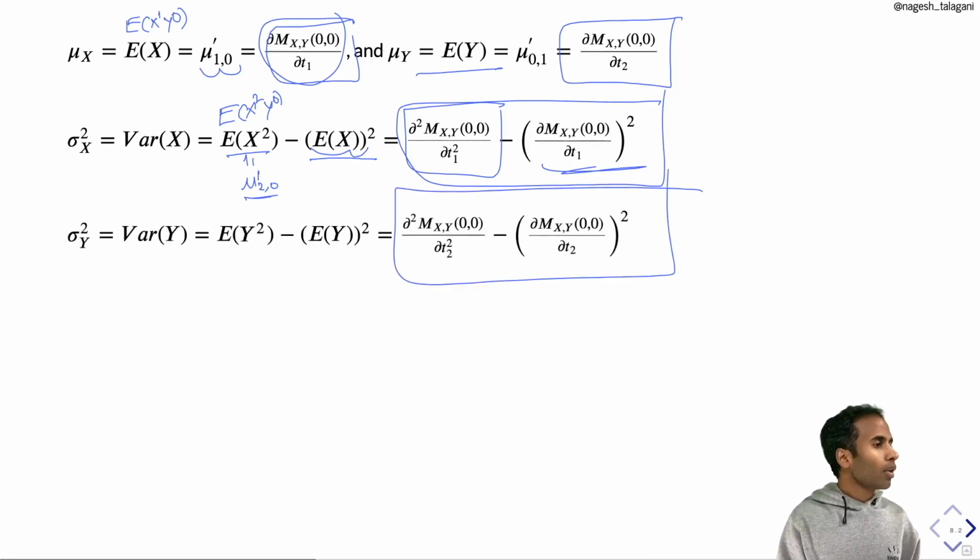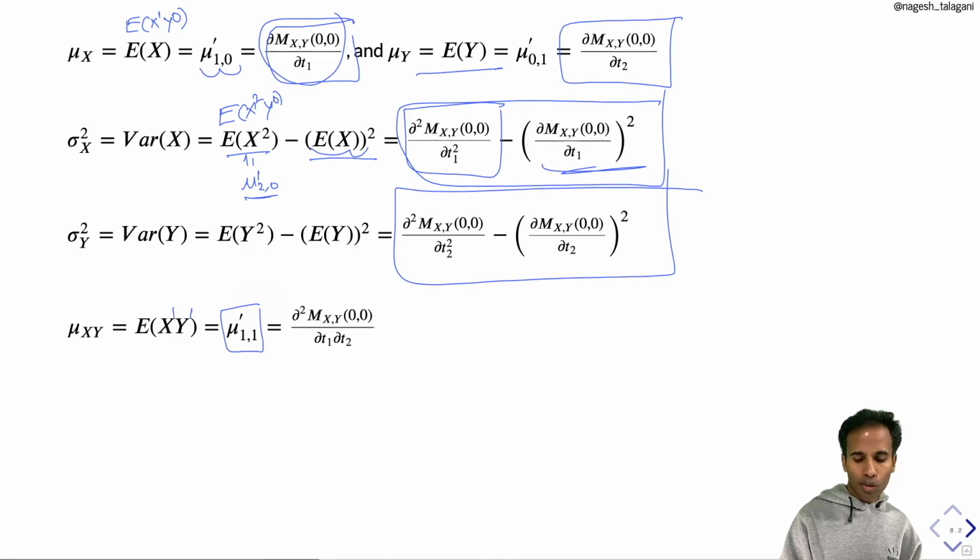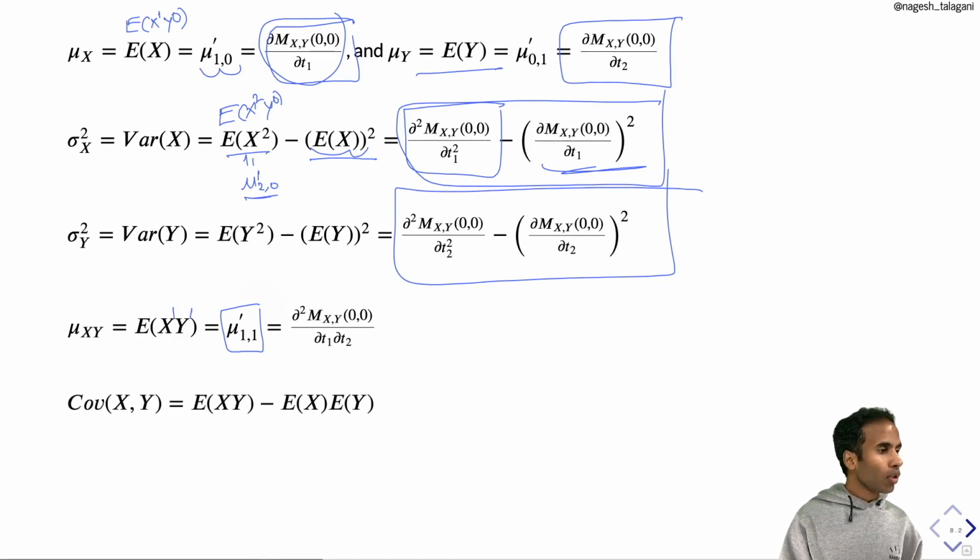Similarly, expectation of xy, here r equal to 1, s equal to 1, which is like mu dash 1, 1. So it's going to be dou square Mxy by dou t1 dou t2 at 0, 0. This is the expectation of xy. So the covariance of xy is what? Expectation of xy minus expectation of x times expectation of y.